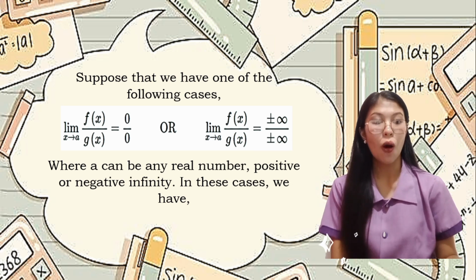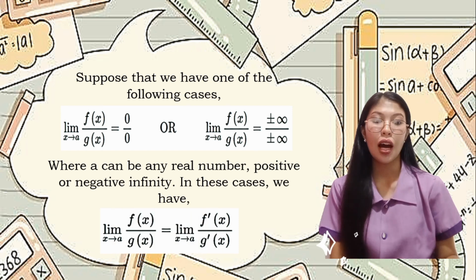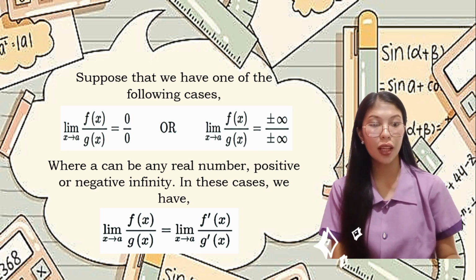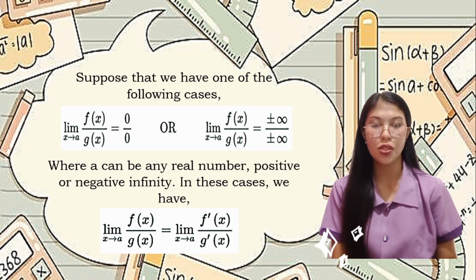In these cases, the limit of the function as x approaches a is equal to the limit of the derivative of the numerator over the derivative of the denominator as x approaches a.